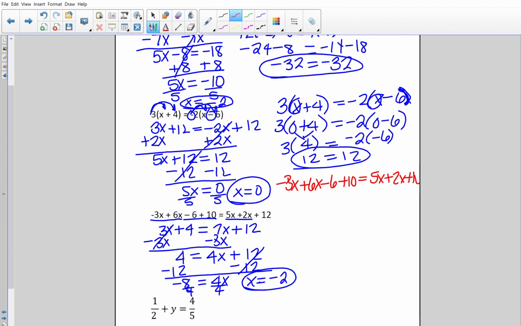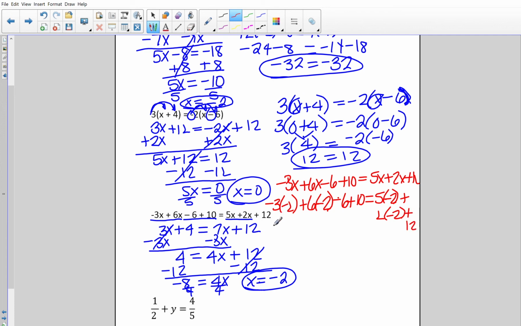Squeeze that in there. So now it's negative 3 times negative 2 plus 6 times negative 2 minus 6 plus 10 equals 5 times negative 2 plus 2 times negative 2 plus 12. Okay, so I ran out of room there, but you get the idea.